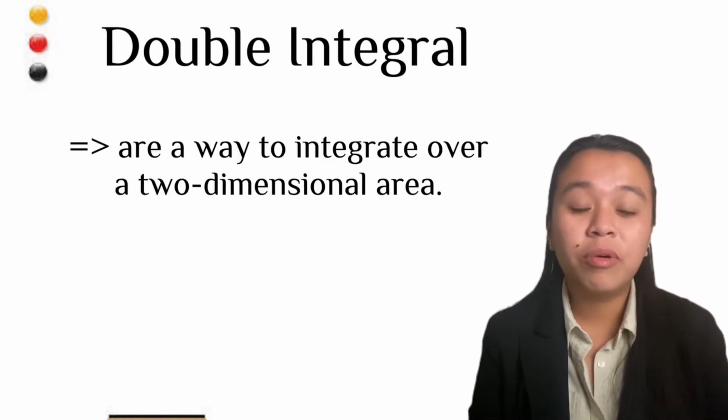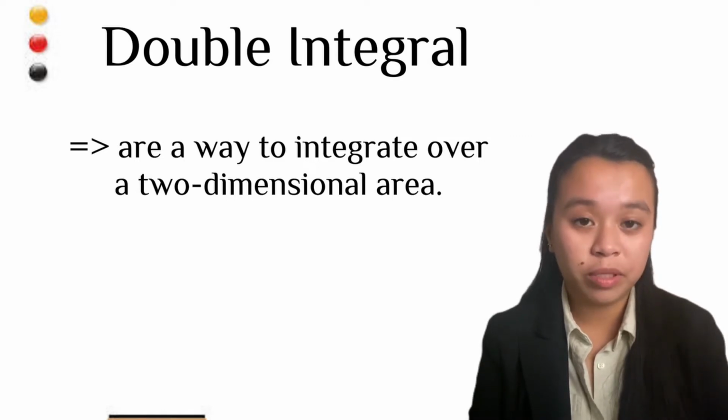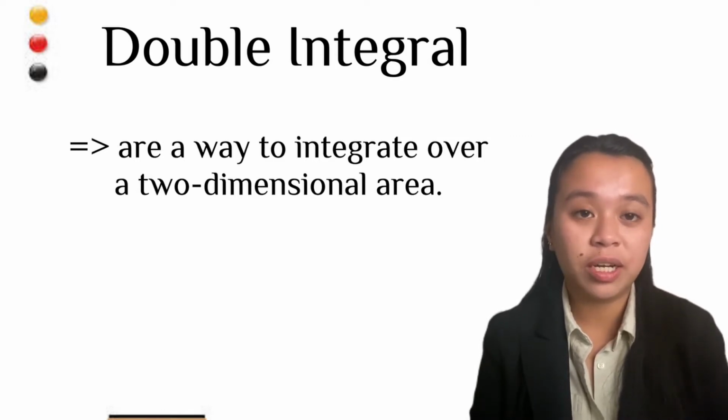So, double integrals are a way to integrate over a two-dimensional area. It is used to calculate the area of a region, the volume under a surface, and the average value of a function of two variables over a rectangular region. The definite integral can be extended to functions of more than one variable.